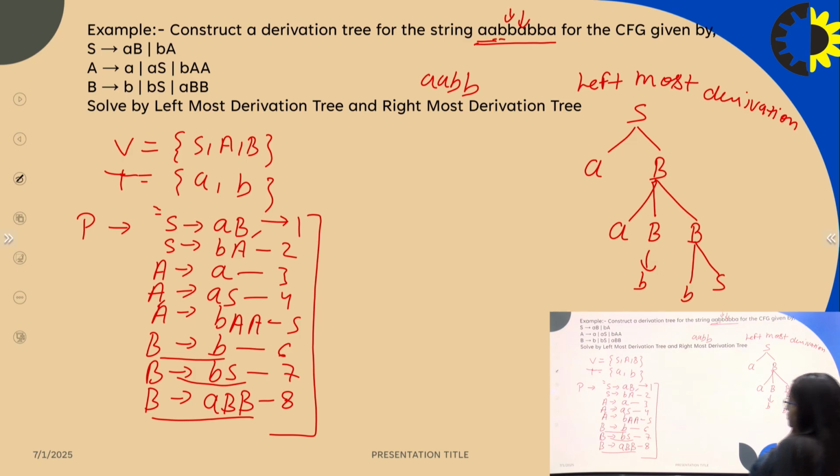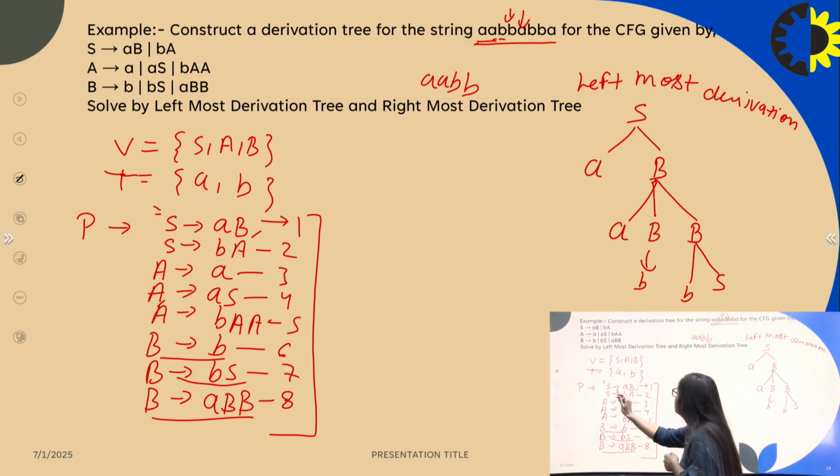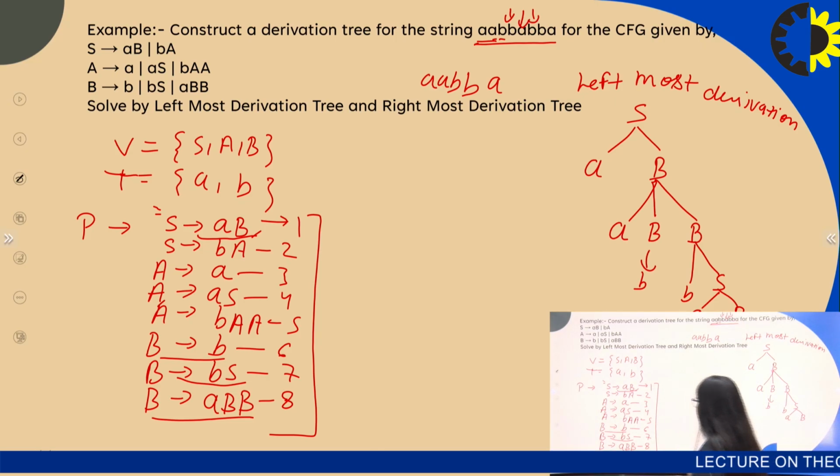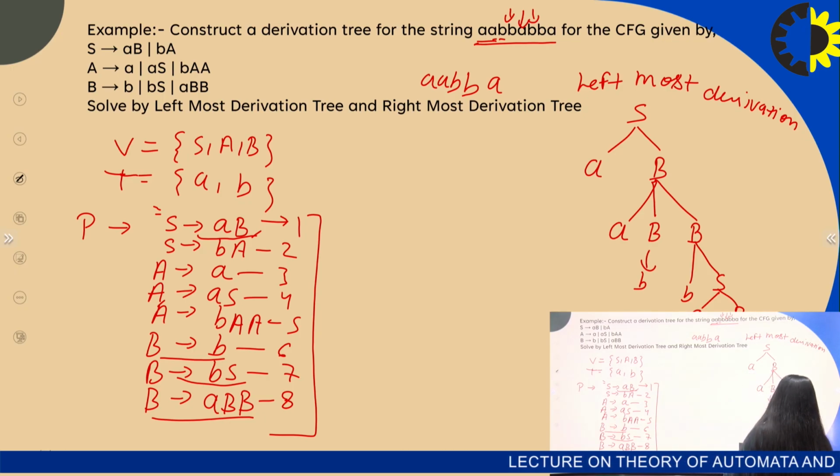So S produce small a, capital B, capital B. We find the A. Now we want B. So B replaced in BS.